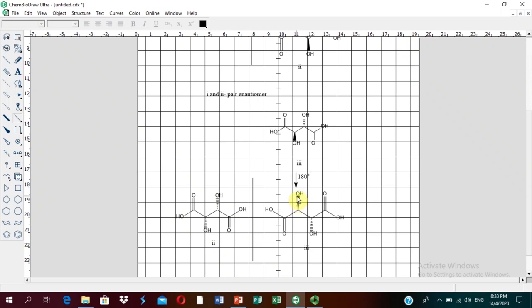So on the other side, if you see here, this is not the mirror image. Okay, so on the first rule, it is not considered an enantiomer. This is a pair of diastereomers. So number 2 and 3 is a pair of diastereomers.